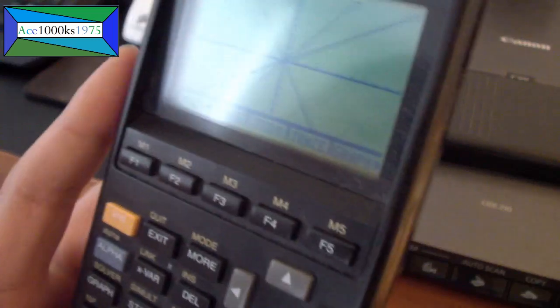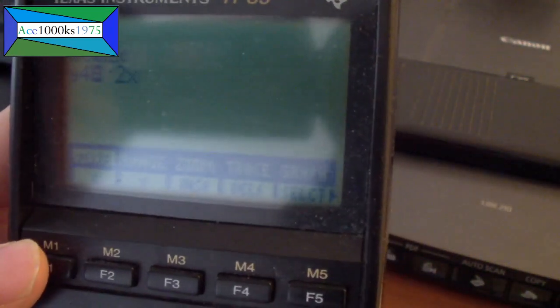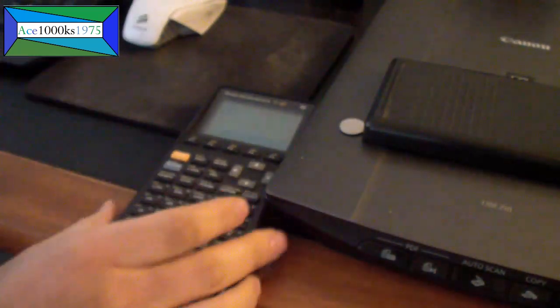And these graphing calculators were programmable as well. If I want to go back to functions, just press F1.